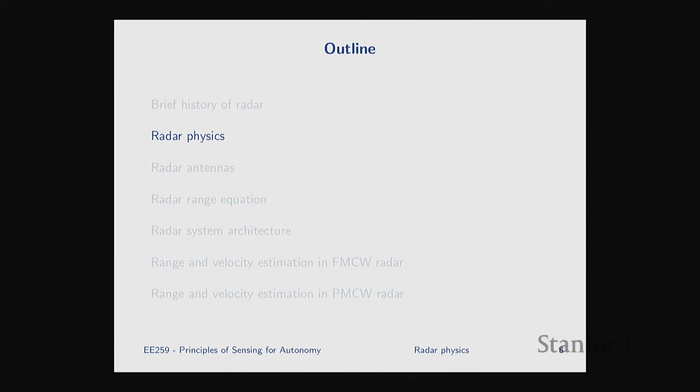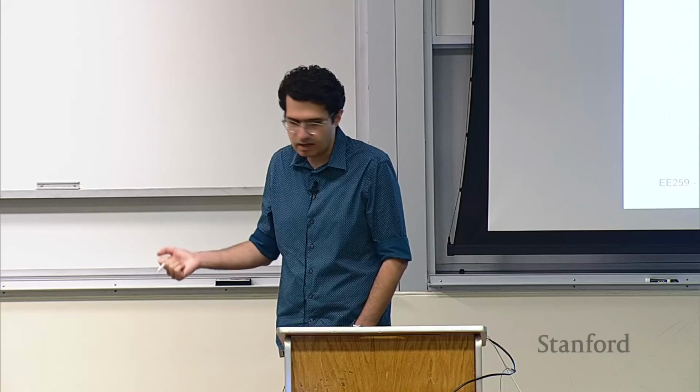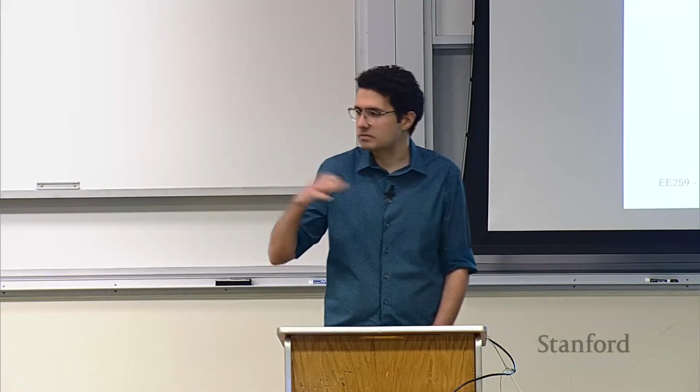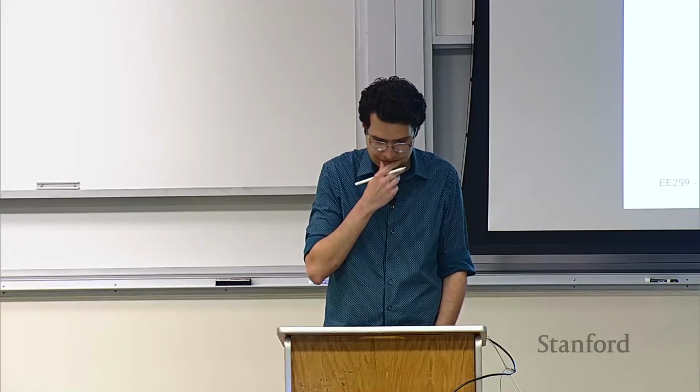And the physics of radar, of course, we're going to talk about electromagnetic waves and also how antennas work. And then from there, we're going to talk about the system architecture, how you do ranging, how you do angle estimation, how you do velocity estimation. And also, along the way, just like we did for sonar, we do a little bit of taxonomy of different types of radar.